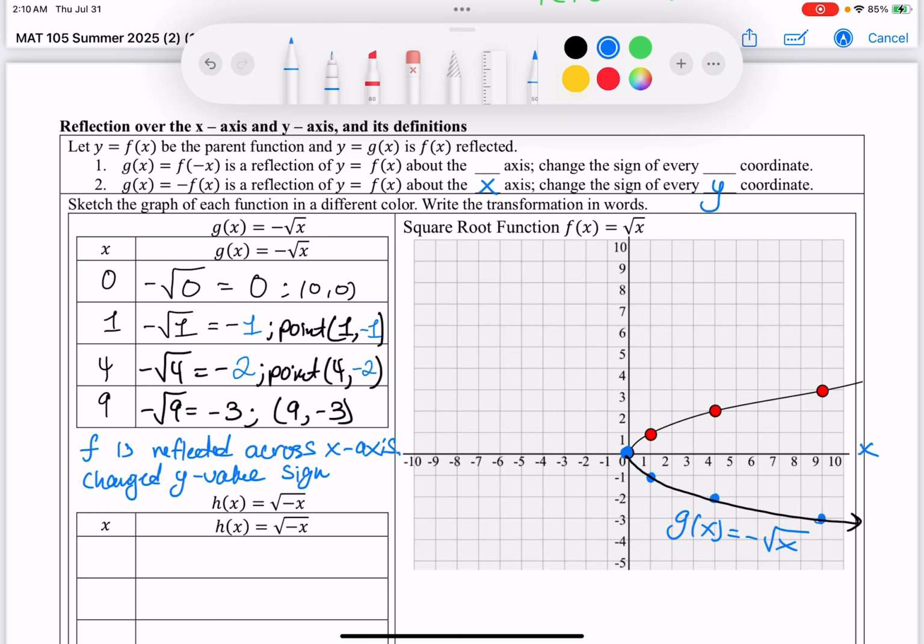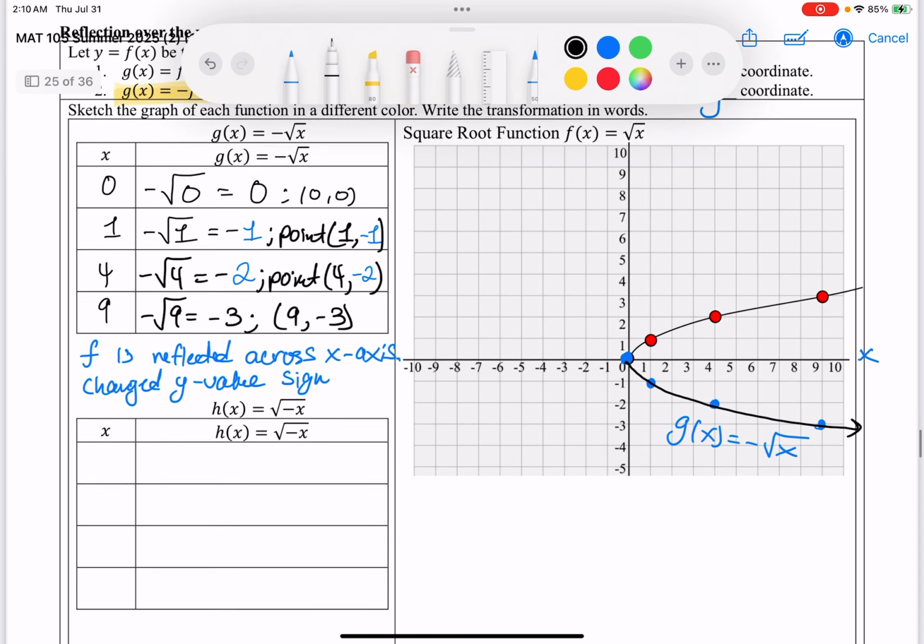So I'm going to highlight the most important part of that statement. When there's a negative in front of the function, you are going to reflect across the x-axis. When you reflect across the x-axis, you change the sign of every y coordinate. Okay.